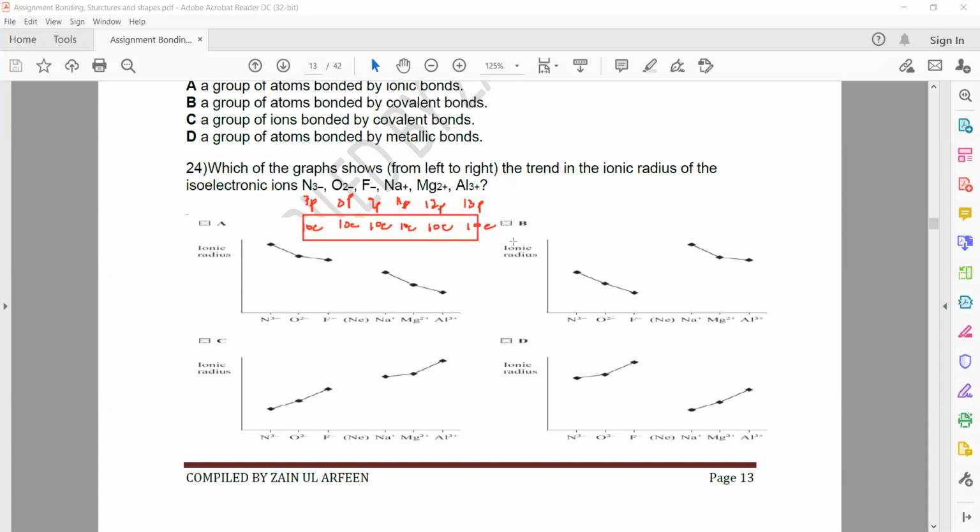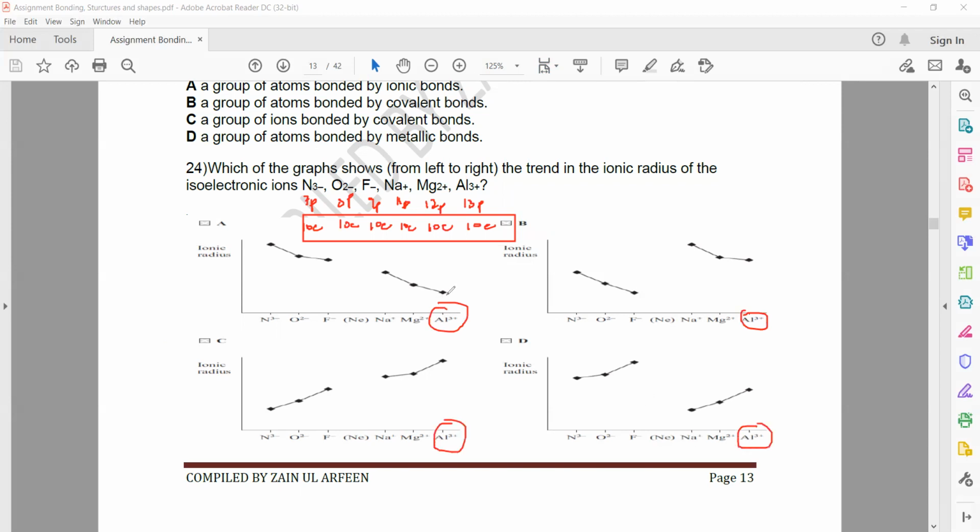So aluminum size should be much smaller as compared to any other in this series, because 13 protons are attracting 10 electrons, so there will be a stronger attraction. So aluminum should be the smallest size. When you check, you can simply identify this is aluminum, aluminum, aluminum, and aluminum.